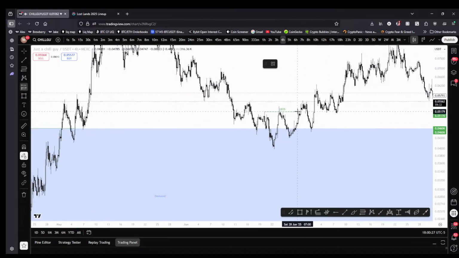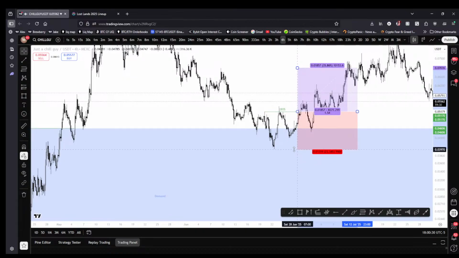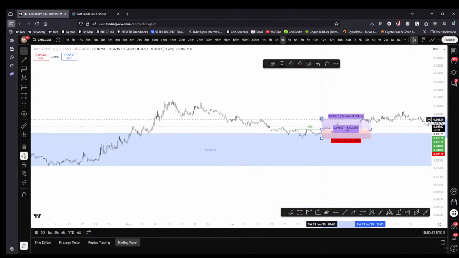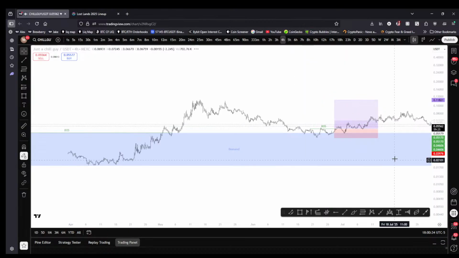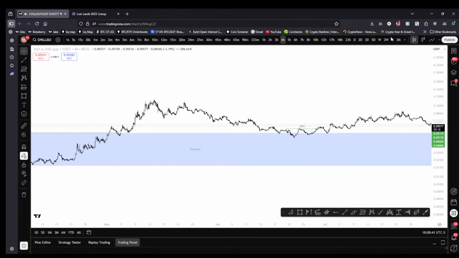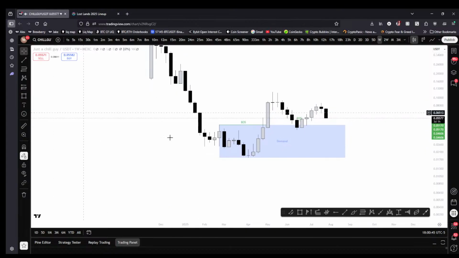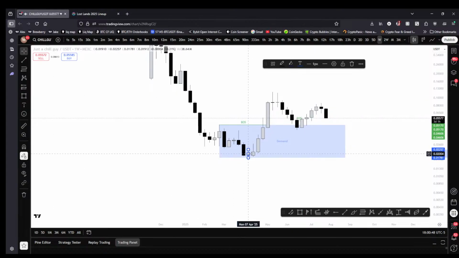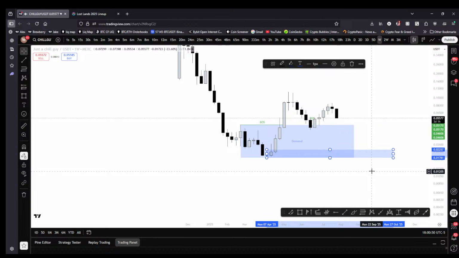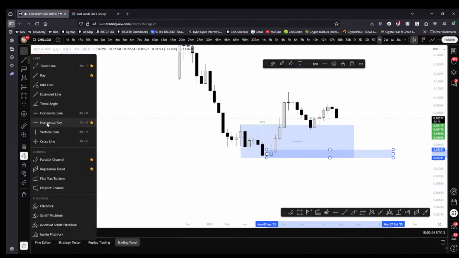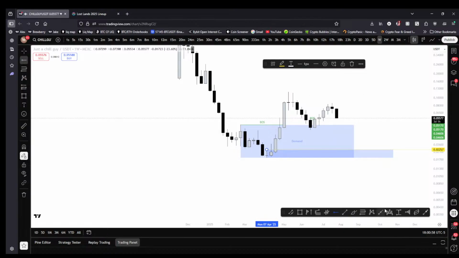Make sure your RR is there. All right, 5 risk to reward trade. Nice. What else do we notice on the weekly? Well, we have a nice order block down here. So maybe you can get lucky and get a trade down here. It might be worth setting this alert on your chart, right?